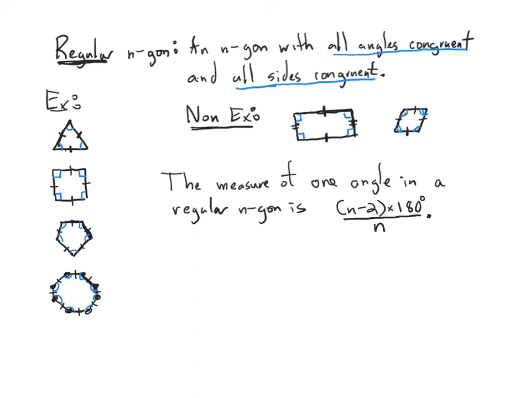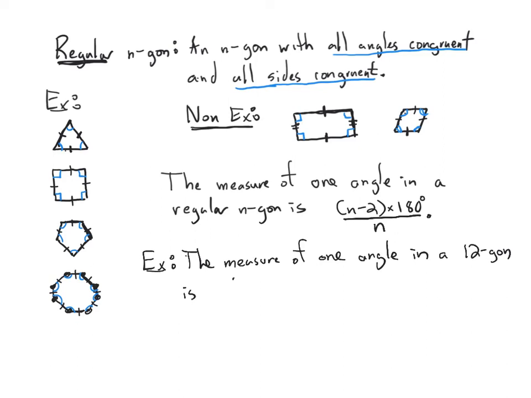Let's do a little example. So the measure of one angle in, say, a 12-gon, so a dodecagon, one with 12 sides, is, well, it's going to be 12 minus 2 times 180.